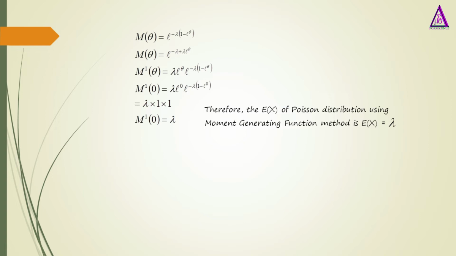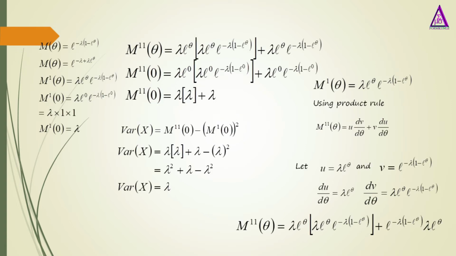So therefore our expected value of the Poisson distribution using the moment generating function method is lambda.